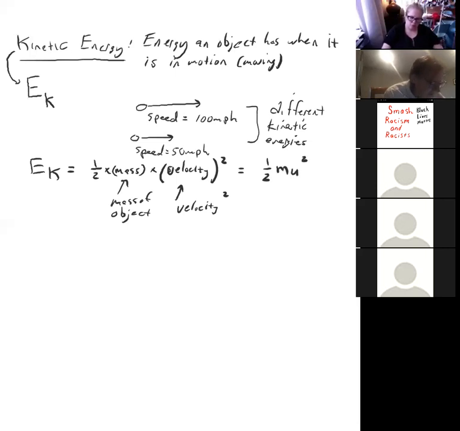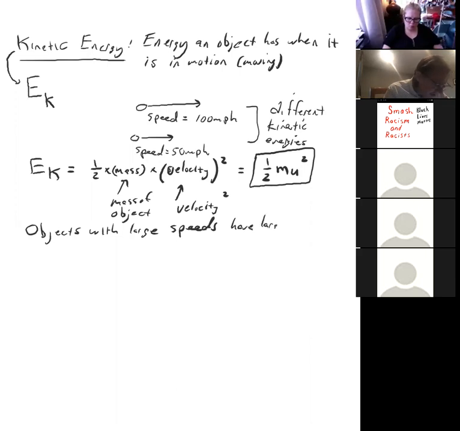mu squared. This will really be important in chapter 10 when we get to gases, but it's also something that we talk about here. So an object that has a large velocity, okay, so objects with large velocities, I'll just use speeds, we'll use them interchangeably, have large kinetic energies.